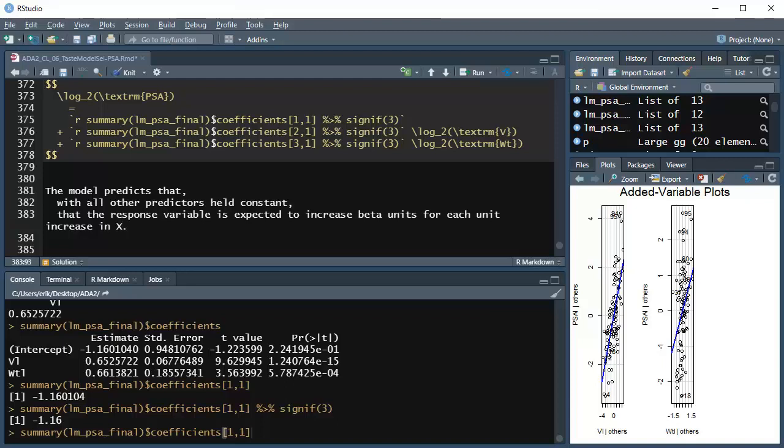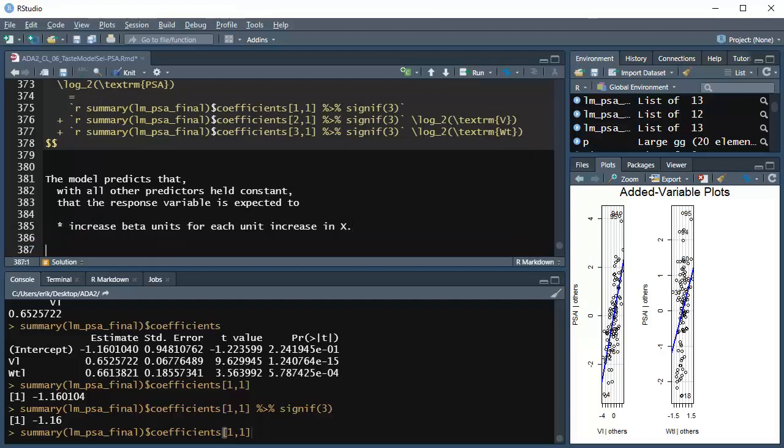Okay, so I just sort of dumped the generic language there, and now I'm going to fill in what we care about. So the response variable is expected to, so I've got two variables here. Why don't we do a little list.